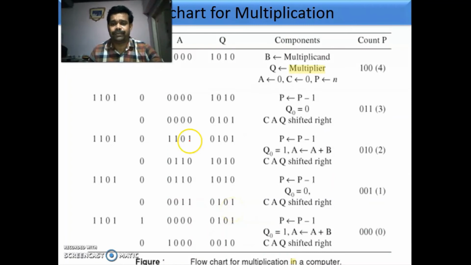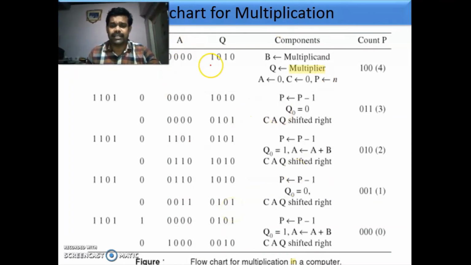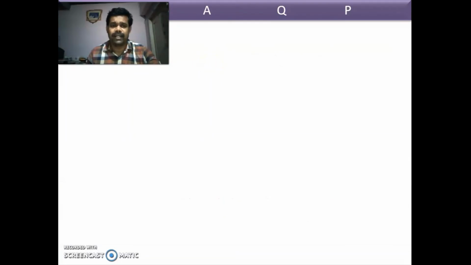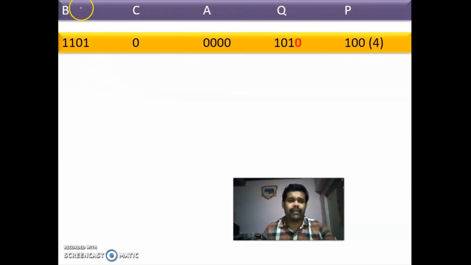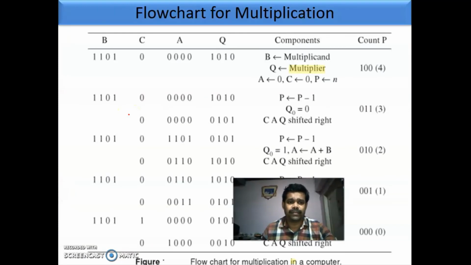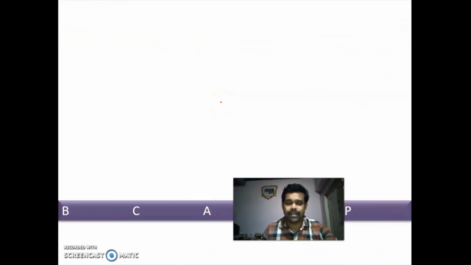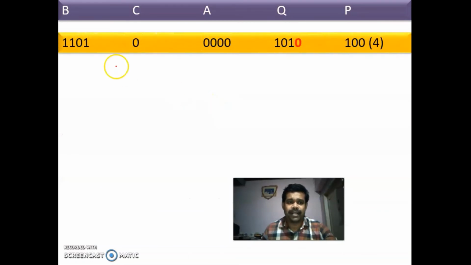Now we will check this clearly. First we are storing B. Here, B is the multiplicand and Q is the multiplier.